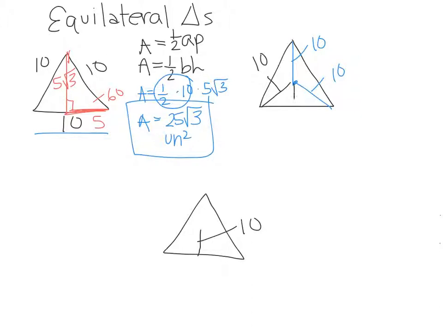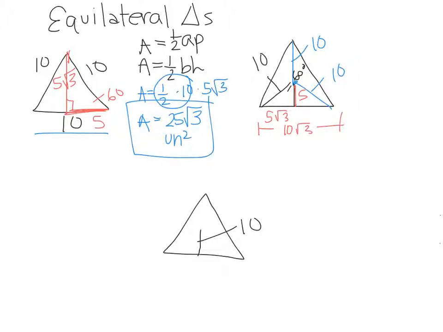So you can drop down, and this is going to be a 60-degree angle. If I drop that down, this is the short side, this is 5. So the apothem is 5, and this is 5√3, which makes all the way across 10√3.